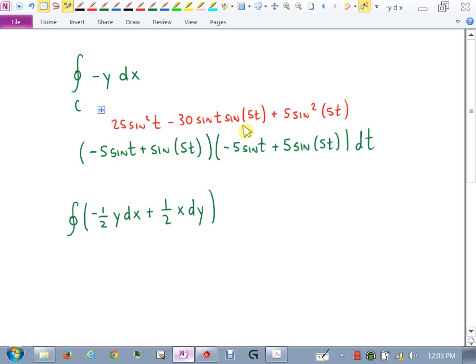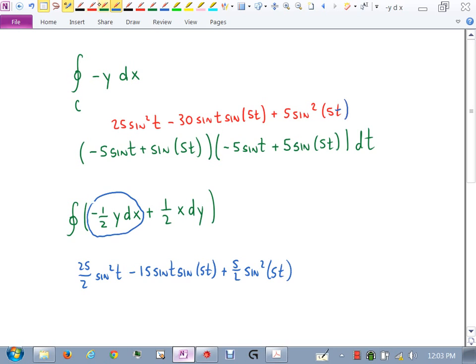That's what I would have, right? That's negative y dx. So I'm supposed to take negative y dx and take half of that. Just half all of these right now. So I'll write that down. Half of all of those. 25 halves sine squared t minus 15 sine t sine 5t plus 5 halves sine squared 5t. All right? That's this part. I'm supposed to add to that what?